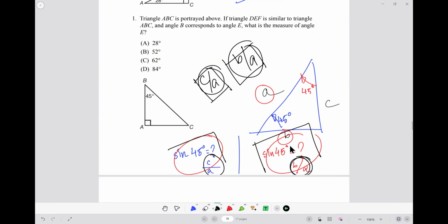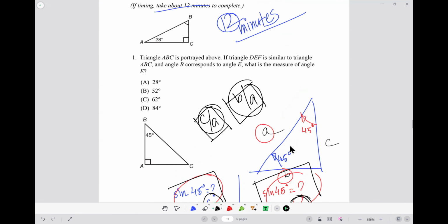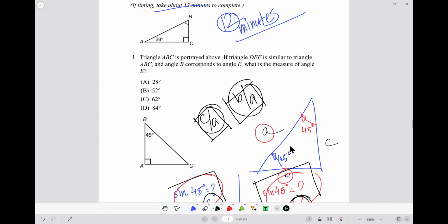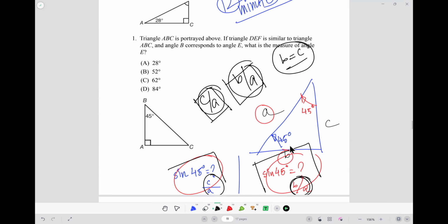But there's a thing basically. The thing is, this B and this C are equal. Why? You tell me the answer. Why are this B and C equal? They're both the 45 degrees.